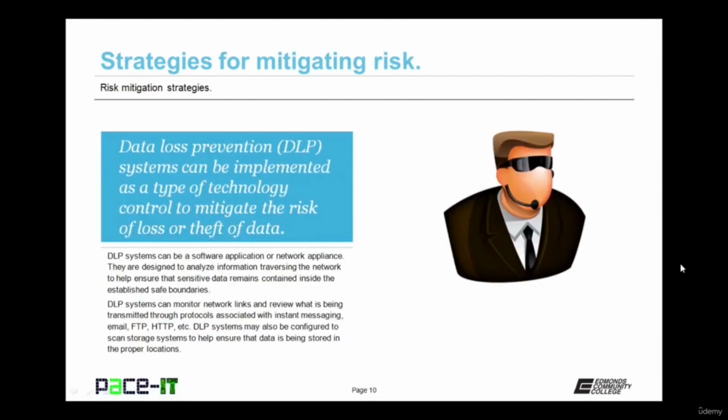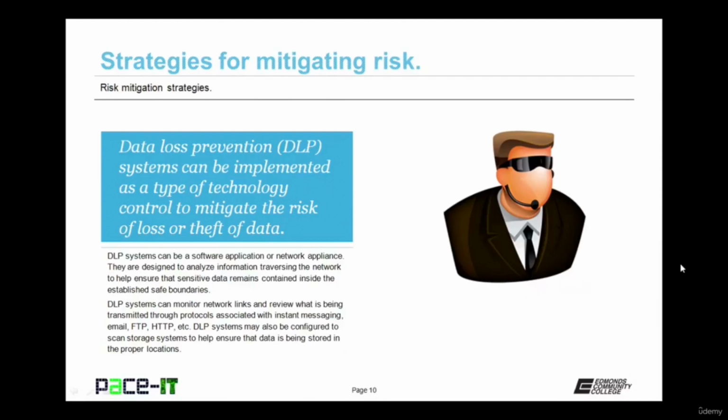Data loss prevention systems can be implemented as a type of technology control to mitigate the risk of loss or theft of data. DLP systems can be a software application or a network appliance. They are designed to analyze information traversing the network to help ensure that sensitive data remains contained inside the established safe boundaries.